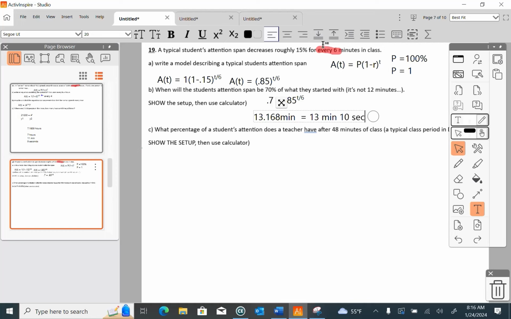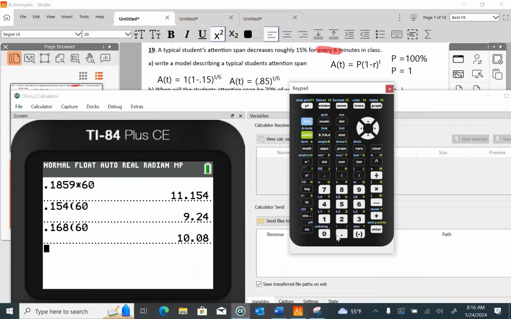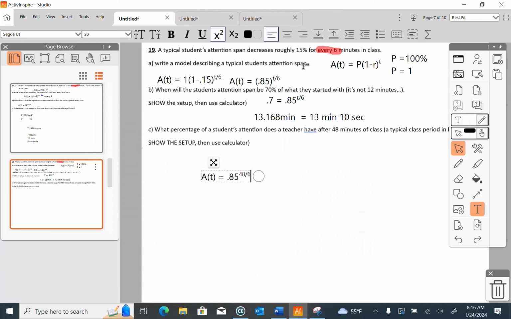What percentage of a student's attention does a teacher have after 48 minutes of class? It's not much, and the truth is this model is extremely generous. But anyways, I changed the time to 48. That's all I do. And then I go push buttons on a calculator. About 27.25%.